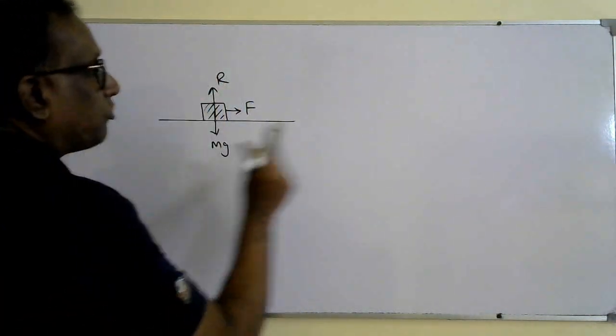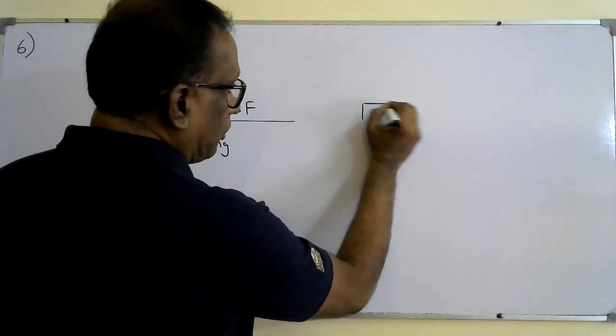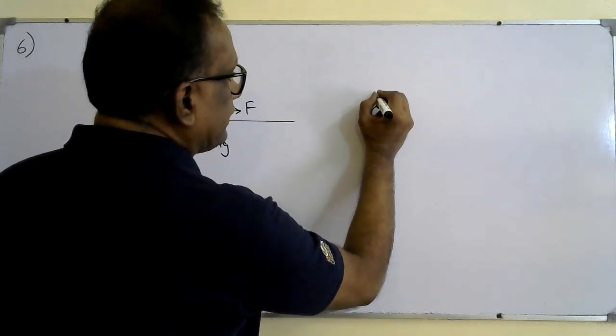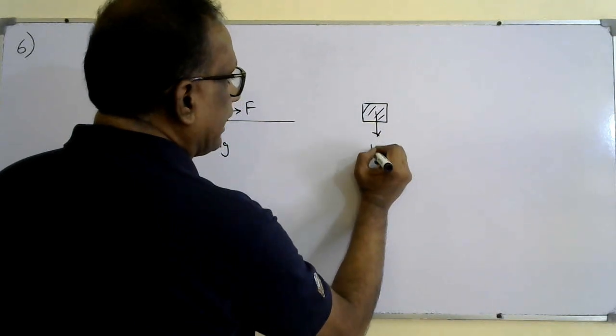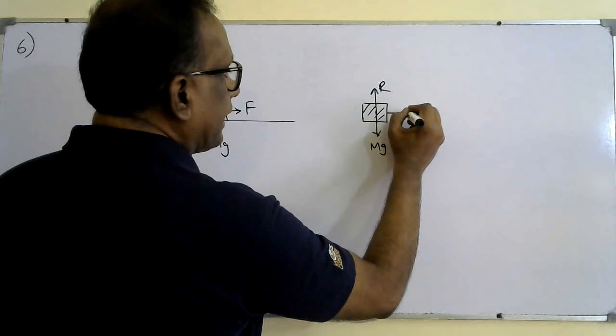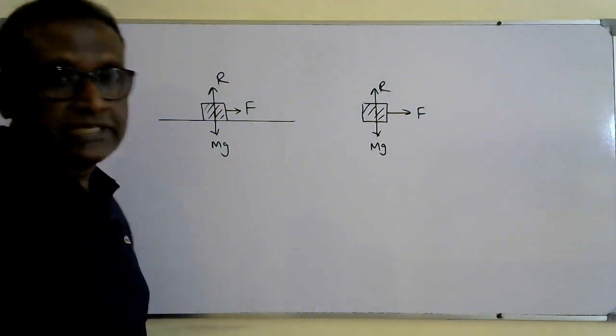If I draw the forces acting on the box, we call it a free body diagram. The weight is acting vertically down, mg. The normal reaction is R upwards. The force we are applying this way is F. Still the object is at rest.